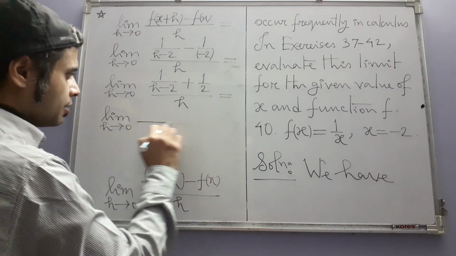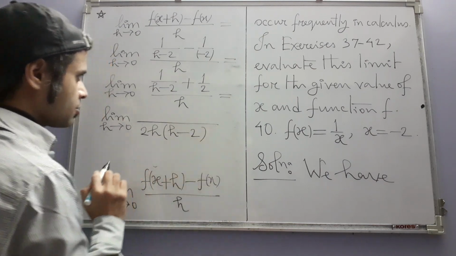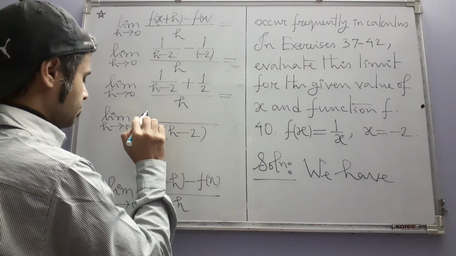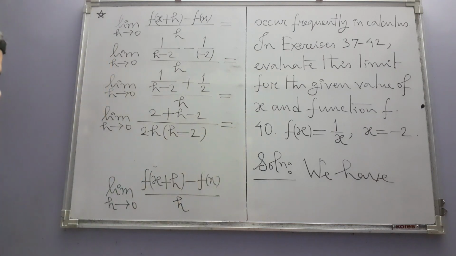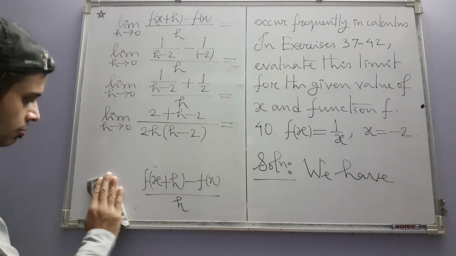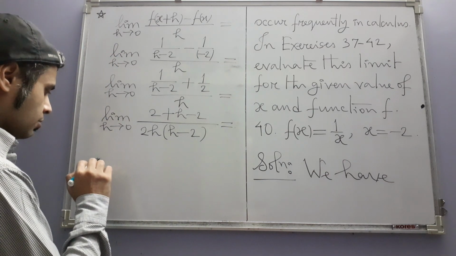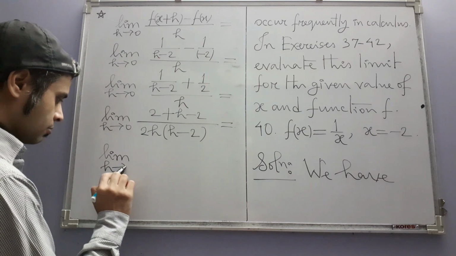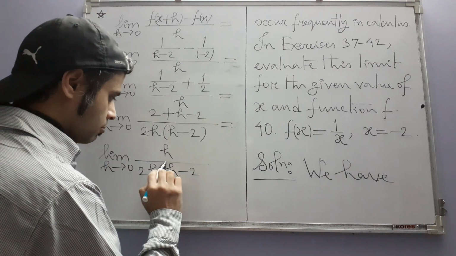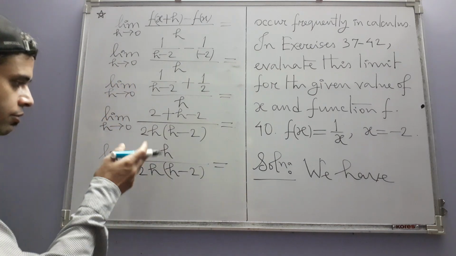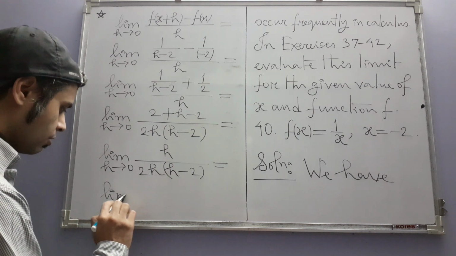Now if you take LCM and do your usual calculation, then you get 2h times h minus 2, and in the numerator you get 2 plus h minus 2. And now you can cancel h because h is actually not equal to 0 but just very close to 0.